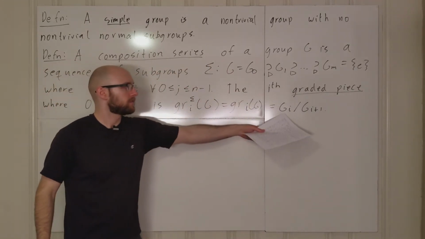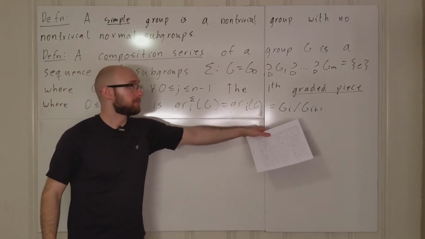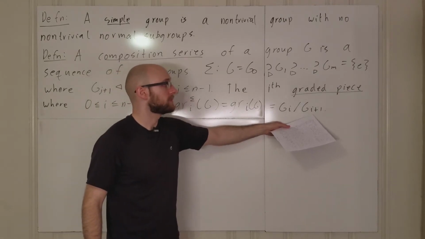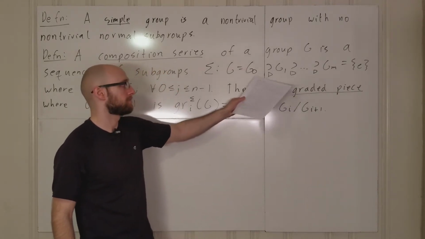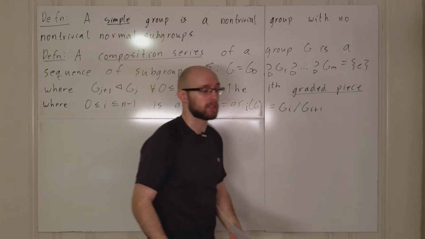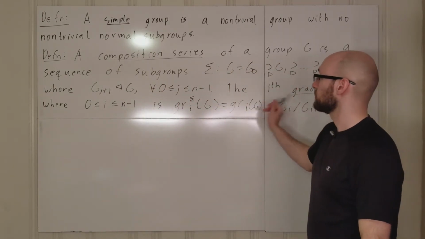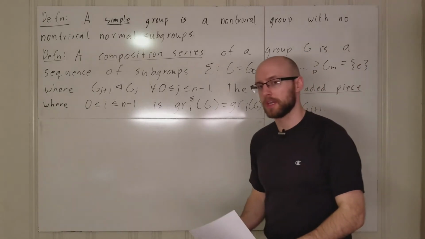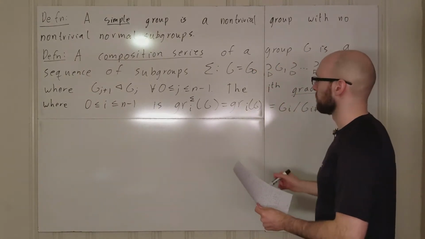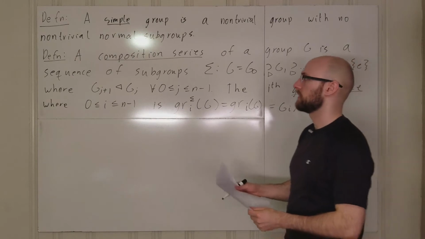Certainly this is a group, because G_{i+1} is always a normal subgroup of G_i. That's part of the definition of a composition series. And so because we have these normalities, each of these graded pieces is actually a group. And so yeah, this is the definition.